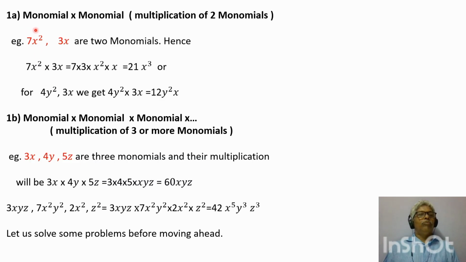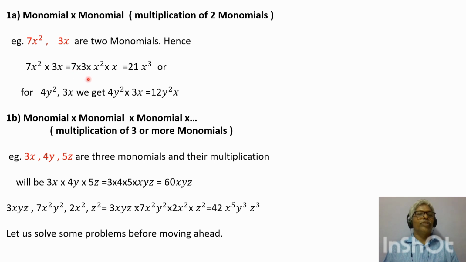1a: monomial into monomial, multiplication of 2 monomials. Let us directly tackle the example so that it will be clear. This is an example: 7x square and 3x are the two monomials. If you multiply these two, 7x square into 3x, you multiply the numbers and the powers of x.